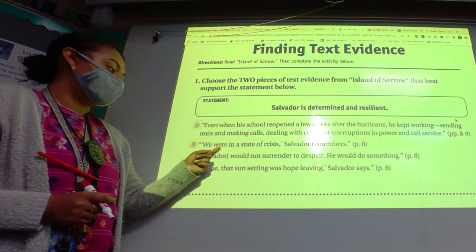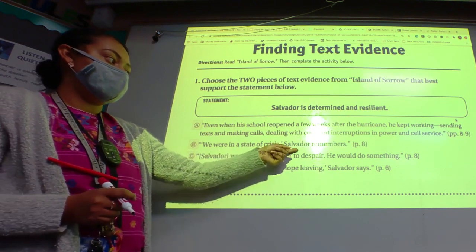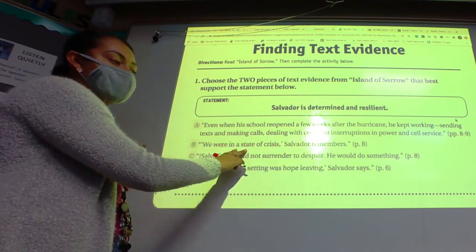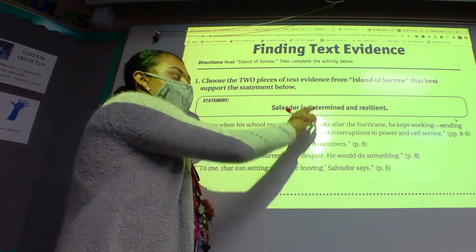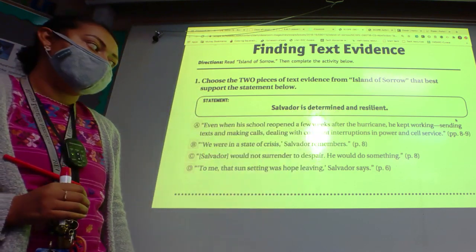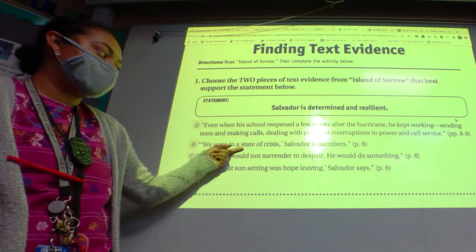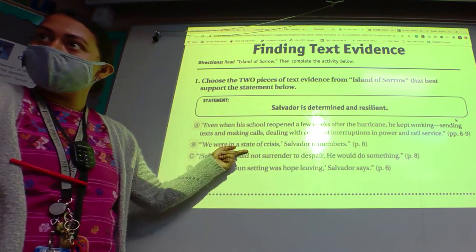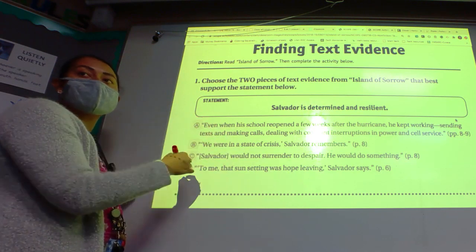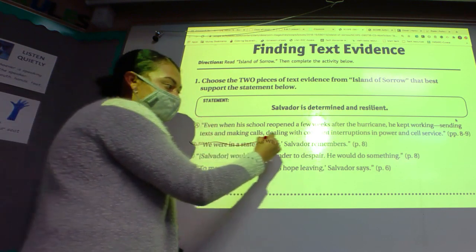B says, we were in this state of crisis. So we were confused. Okay, does this piece connect to and explain how Salvador is determined and resilient? No, I mean, it tells us that the island was in crisis. Okay, so do you agree we should cross that one out? Okay, let's cross that one out.